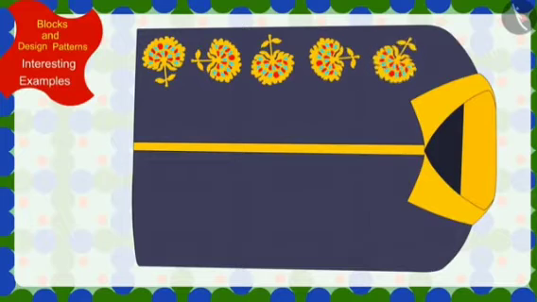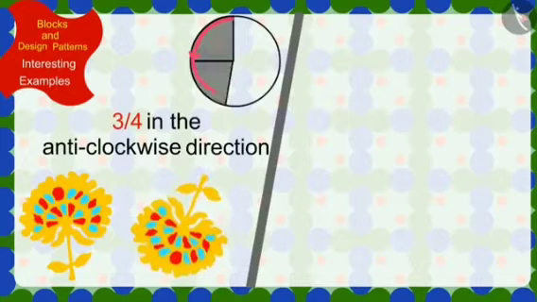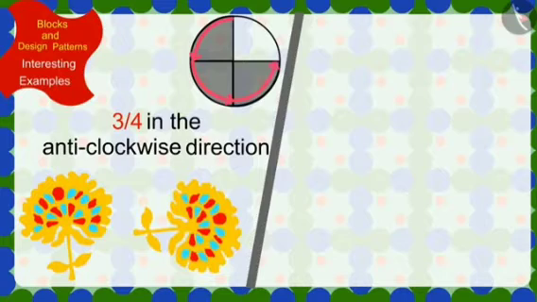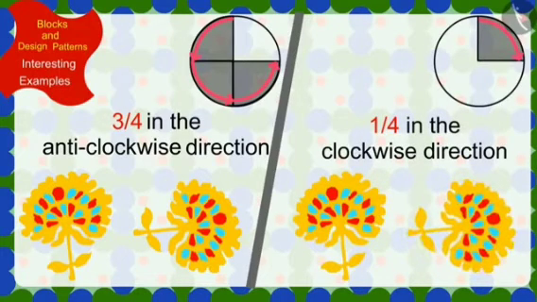Oh, wow! You found the rule! To make this pattern, Kittu has rotated the previous impression 3/4 in the anti-clockwise direction or 1/4 in the clockwise direction every time.